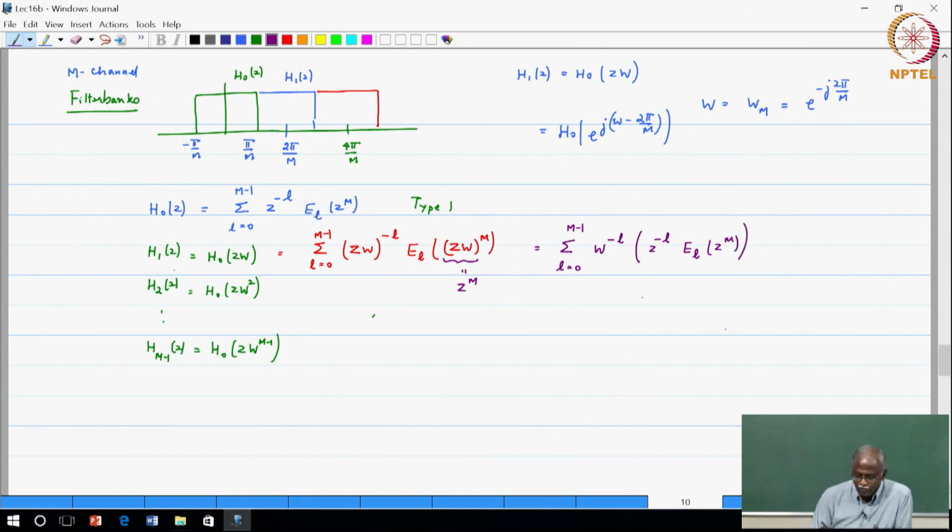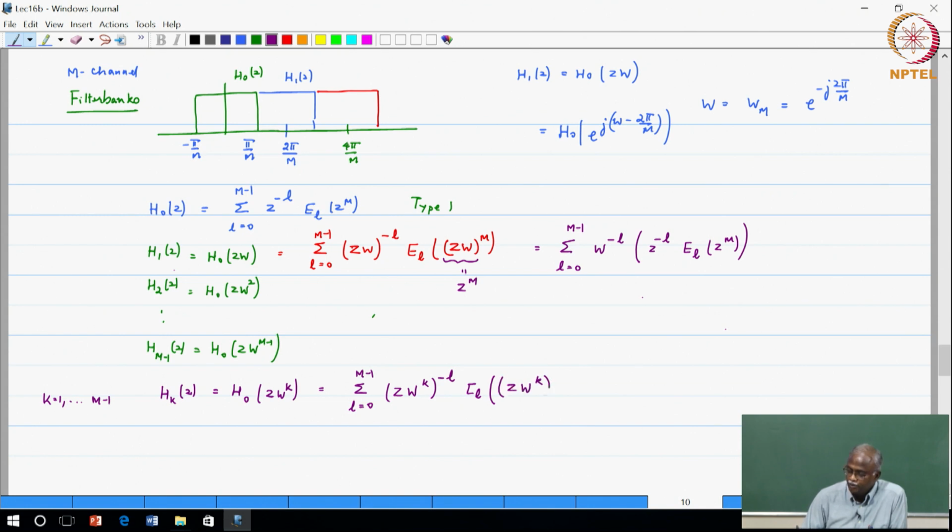Now, if you were to look at any arbitrary filter H_k of Z, this would be H0 of ZW^k, k in the range 1 through M minus 1, and all of these would satisfy the following structure. This would be summation L equal to 0 to M minus 1 of (ZW^k) raised to the power minus L, E_L of (ZW^k) raised to the power M.